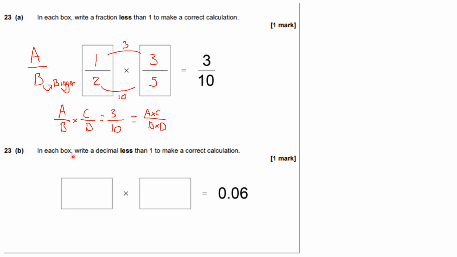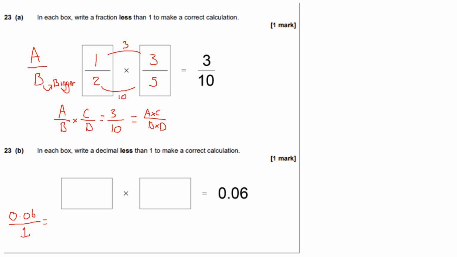In each box, write a decimal less than 1 to make a correct calculation to get 0.06. So this is similar to that question, it's just a decimal first. What I'd recommend doing is to go the long way around it so that you can be sure you get the right answer. So let's change this to a fraction. And you can change things to a fraction just by dividing by 1.